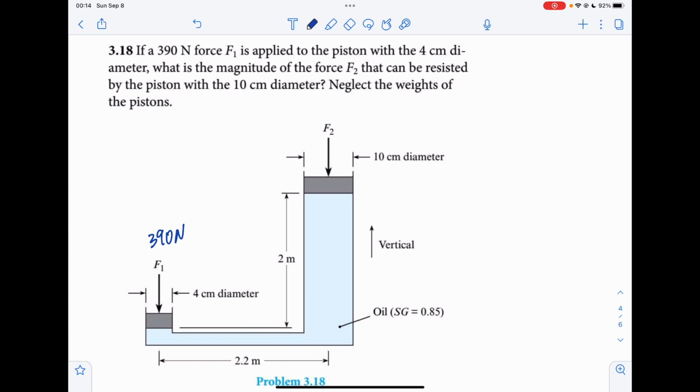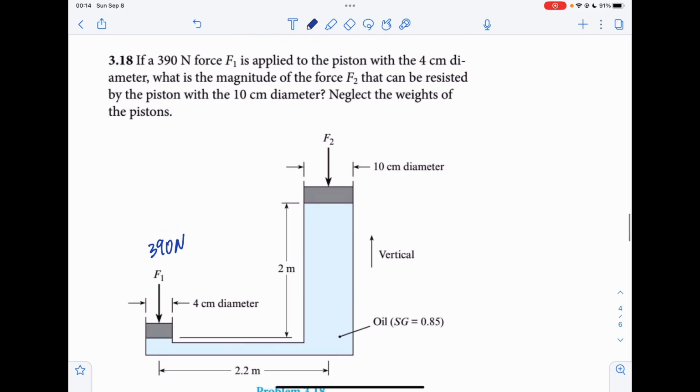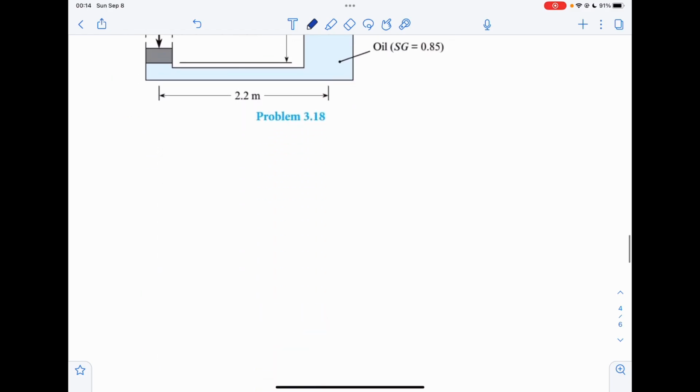Here we're going to neglect the weight of the pistons. For this kind of problem, we're going to first find the pressure at the piston on the left.